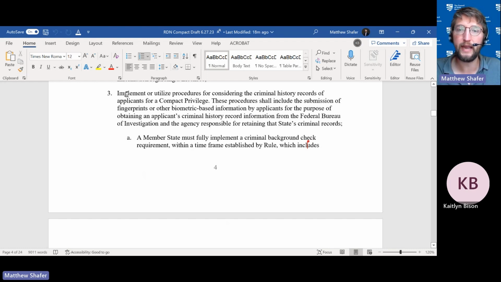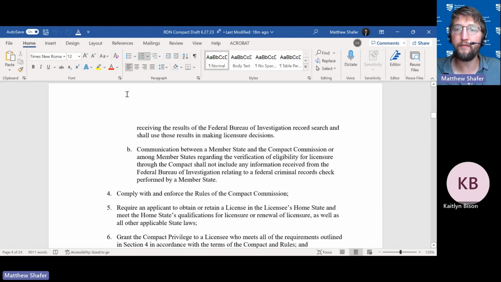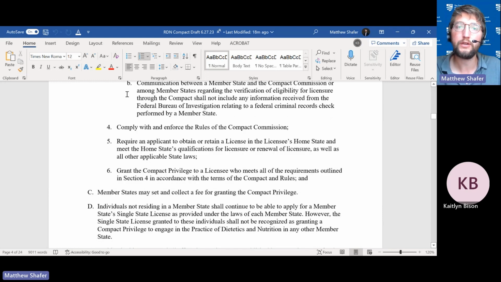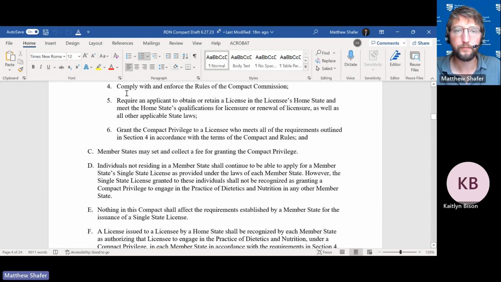This is saying that a state has to have the FBI background check process in place for people wishing to use the compact. This is not saying that they have to do a background check on all of their licensees, only those who wish to use the compact. The state has to comply with the rules of the commission.